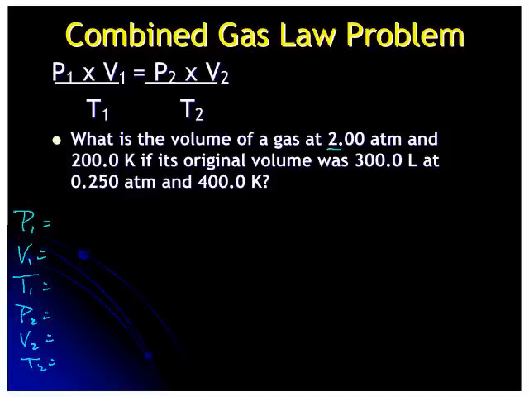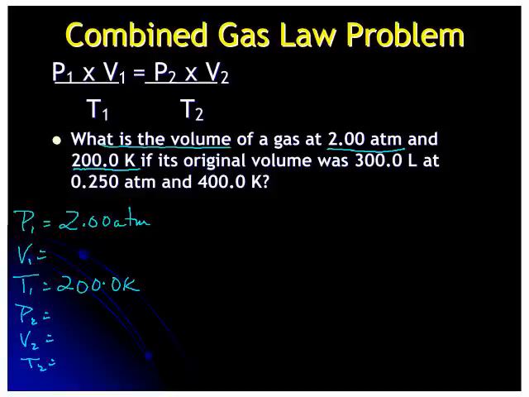So we hit the first thing. This is 2 atmospheres. Well, atmospheres is a pressure, so we can say 2.00 atm. And our next thing paired up together with the 2 atmospheres is 200 Kelvin, 2.00 Kelvin. Okay, so those are the first pressure and the first temperature.